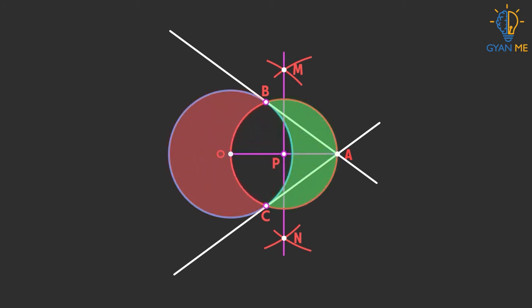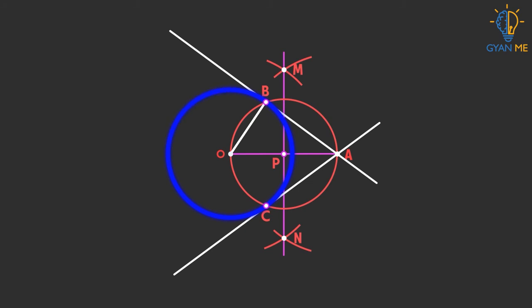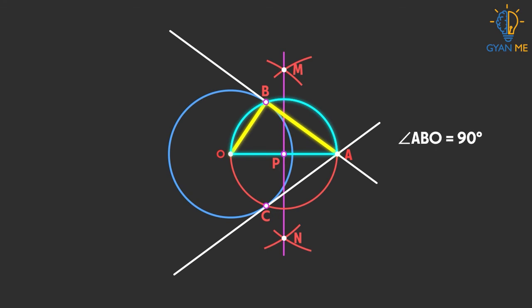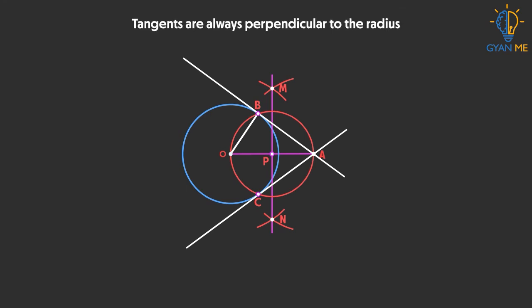Observe that on joining O and B, OB forms the radius for the circle with center O. Therefore, angle ABO is an angle in upper semicircle, and therefore angle ABO is equal to 90 degree, because angle inside the semicircle is always right angle, and by definition tangents are perpendicular to the radius.